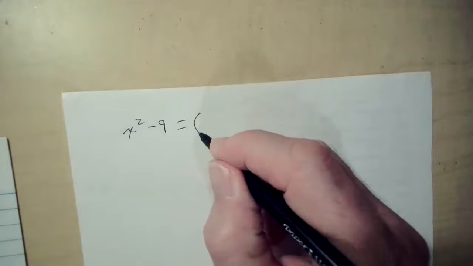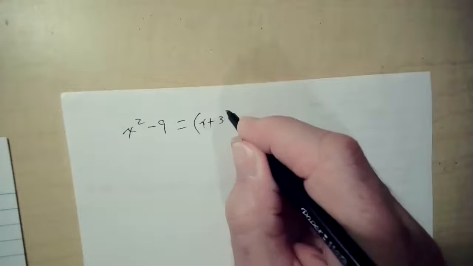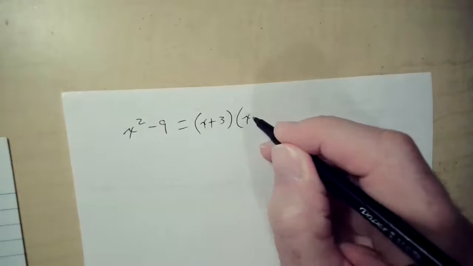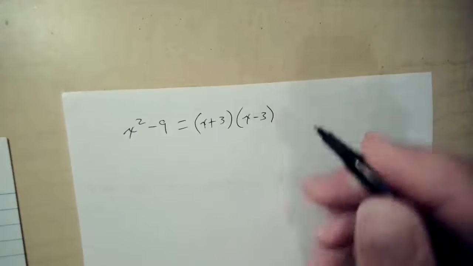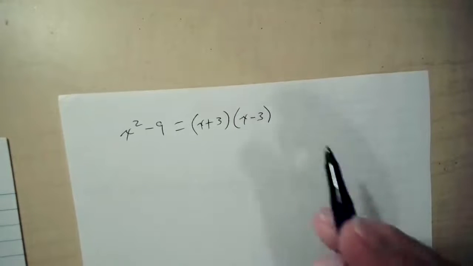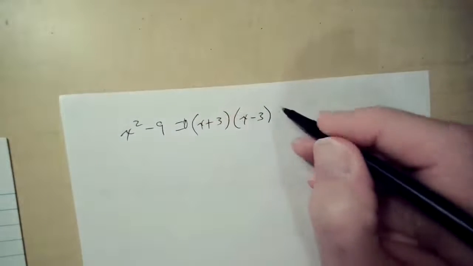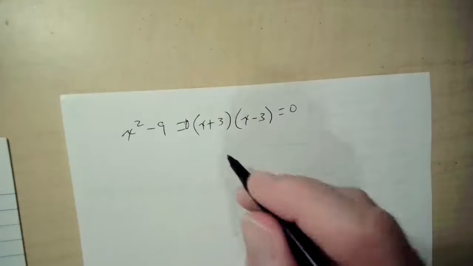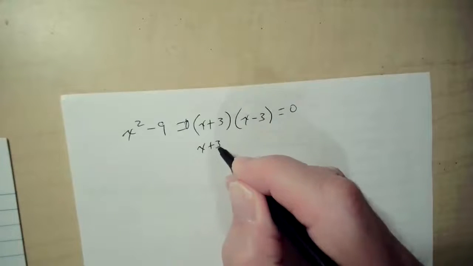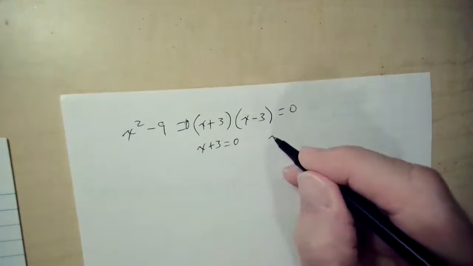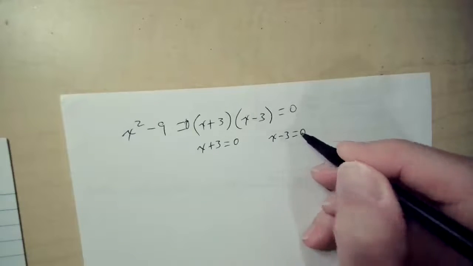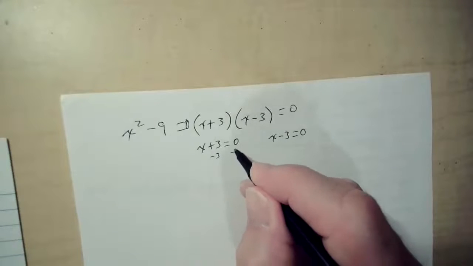X squared minus 9. They look familiar? This is a conjugate. It's going to be x plus 3 and x minus 3 equals 0. Now we set each one of these equal to 0.